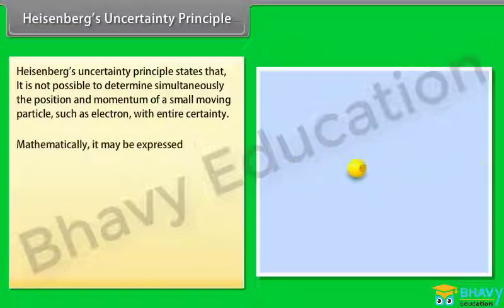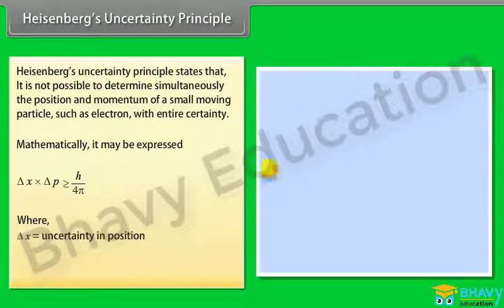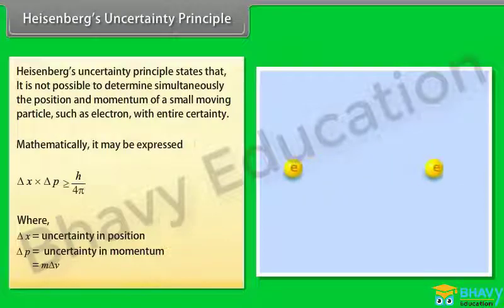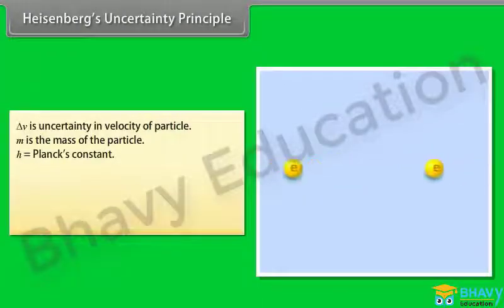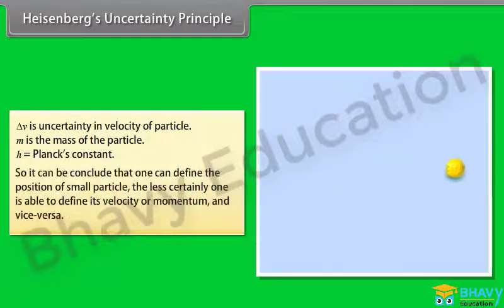Mathematically, it may be expressed as delta x into delta p greater than or equal to h by 4 pi, where delta x is the uncertainty in position, delta p is the uncertainty in momentum, equal to m delta v, delta v is the uncertainty in velocity of the particle, m is the mass of the particle, and h is Planck's constant. So, it can be concluded that the more certainly one is able to define the position of a small particle, the less certainly one is able to define its velocity or momentum, and vice versa.